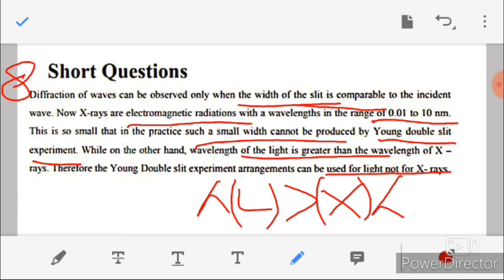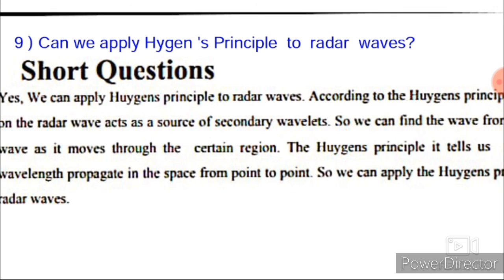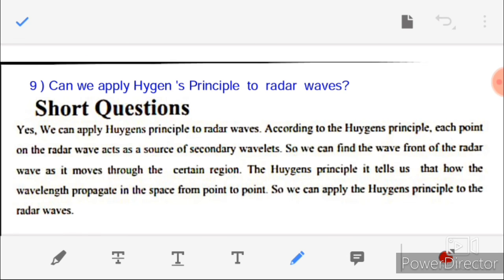Now moving towards question number 9. Question number 9. Can we apply Huygens principle to radar waves? Answer. Yes, we can apply Huygens principle to radar waves. According to the Huygens principle, each point on a radar wave acts as a source of secondary wavelets.